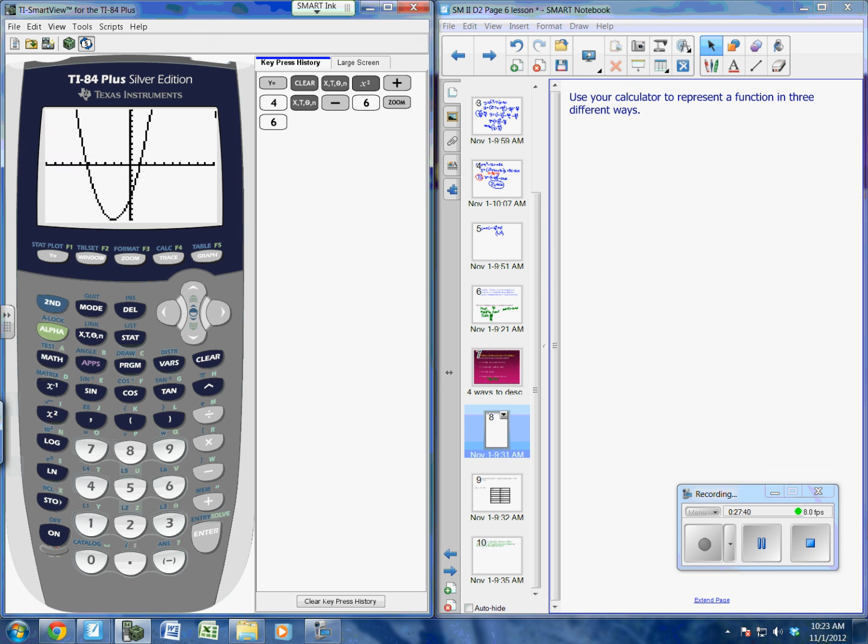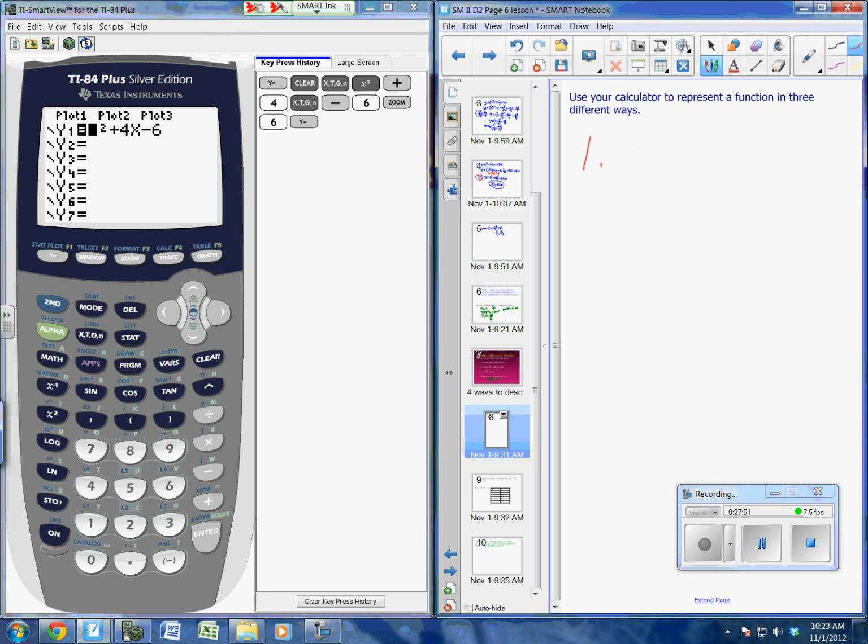How many ways have we represented this function so far? 2 ways. Everybody write this down. Number 1, we represented it as y equals x squared plus 4x minus 6. The second way we represented it was with the graph right here.